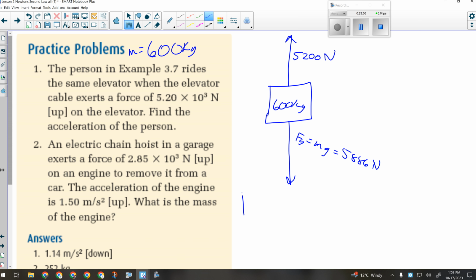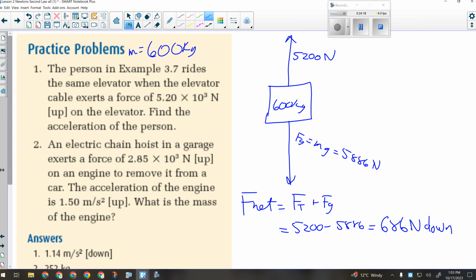So when we calculate our net force, net force is the vector sum of all forces, so that's still the tension force plus the force of gravity. That's going to be 5,200 newtons minus 5,886 newtons, which should give us 686 newtons down this time. I would have got a negative number in doing that calculation.